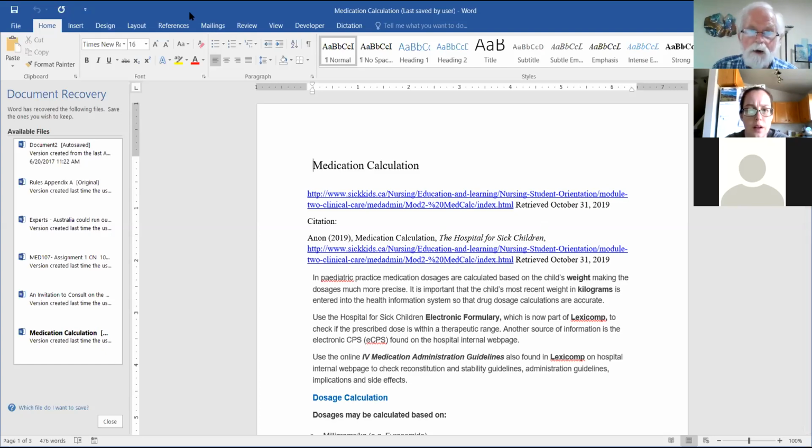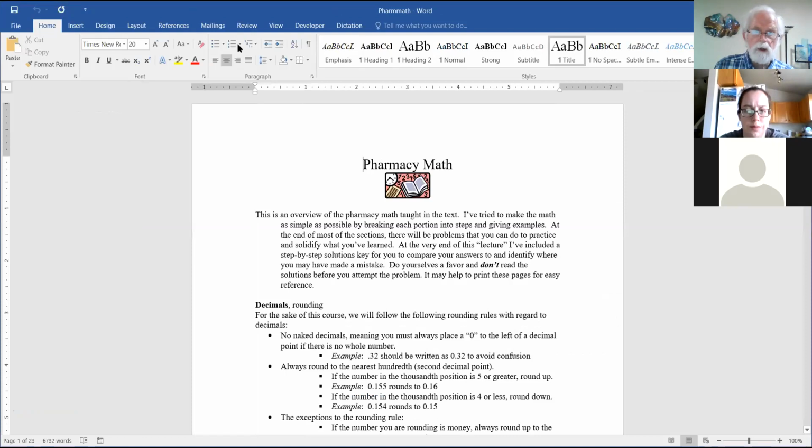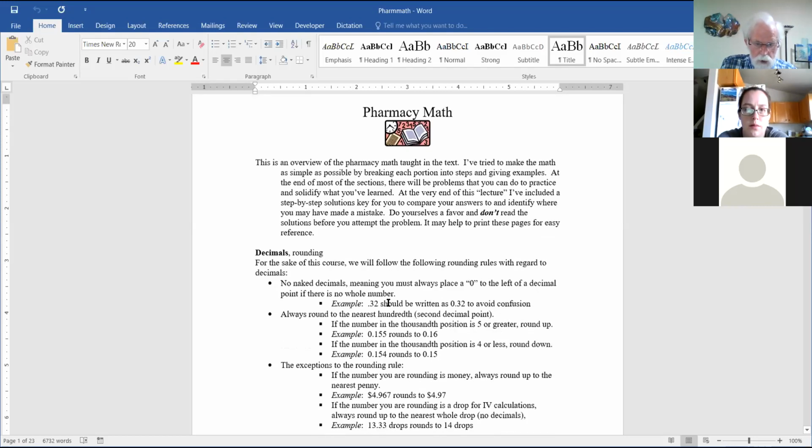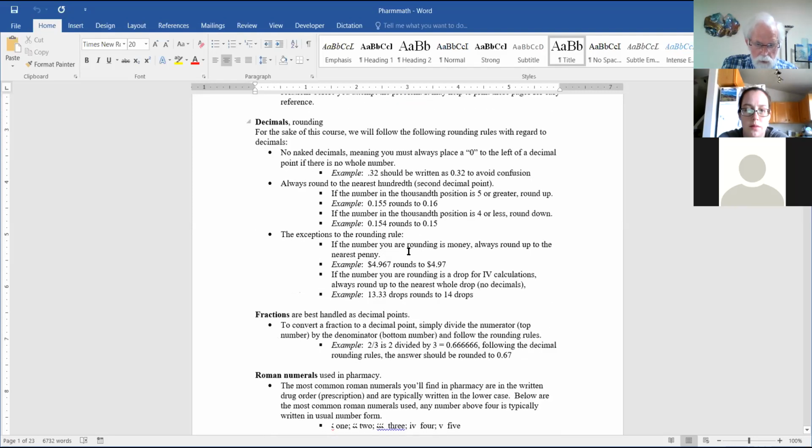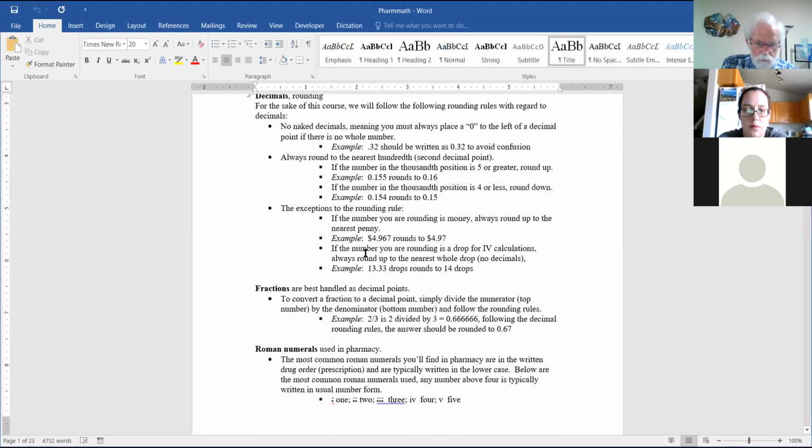Okay, so let's now go to another document that I uploaded. This is a general math review for doing pharmacy calculations, and I pulled this out of a course I used to teach in the previous program, the one that you guys aren't a part of, where we had several of these pharmacy math classes. So there's some basic information.